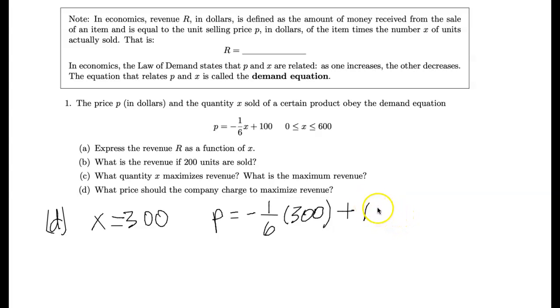This pen is annoying. When we crunch the numbers, 300 divided by 6 gives us 50. -50 plus 100 gives us a price of $50. So whatever product we're designing or selling, we want to charge $50.